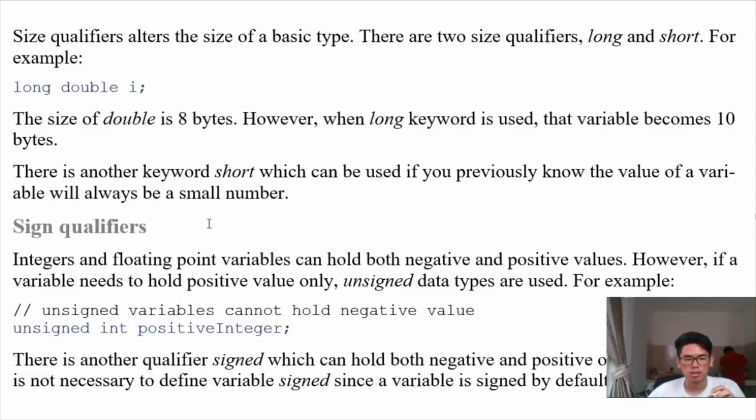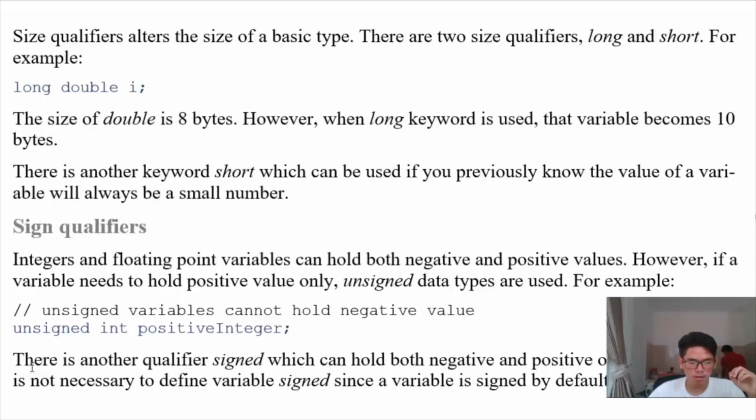Integer and floating point variables can hold both negative and positive values. However, if you want the variable to store only positive values, you can use the keyword unsigned with the data type. For example, a positive integer variable of type int with the qualifier unsigned can only store positive values.